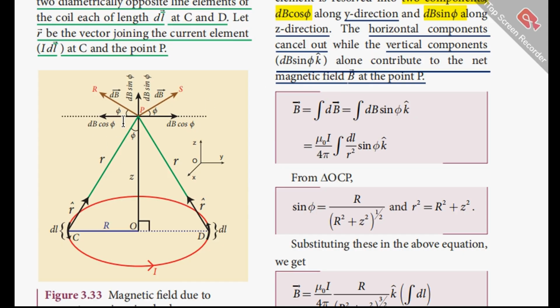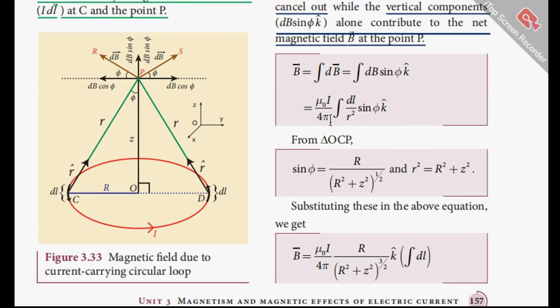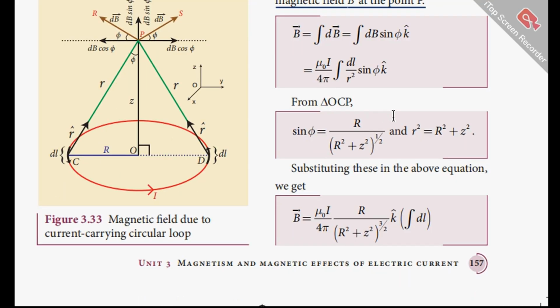So these horizontal components dB cos phi and dB cos phi, they are opposite in direction, therefore they cancel out each other. Only this dB sin phi will contribute to the magnetic field. So this B is given by the integral of dB vector, that's equal to dB sin phi k unit vector, and that is given by mu naught I by 4 pi integral dl by r square sin phi k unit vector.